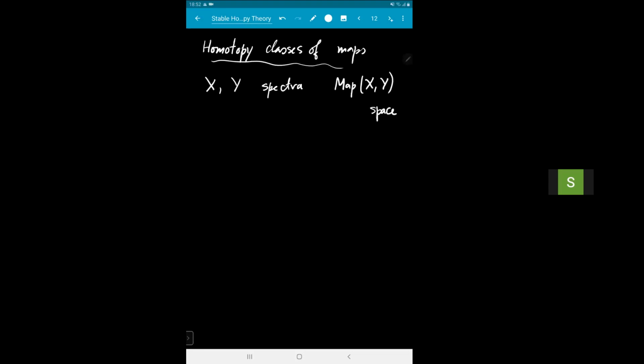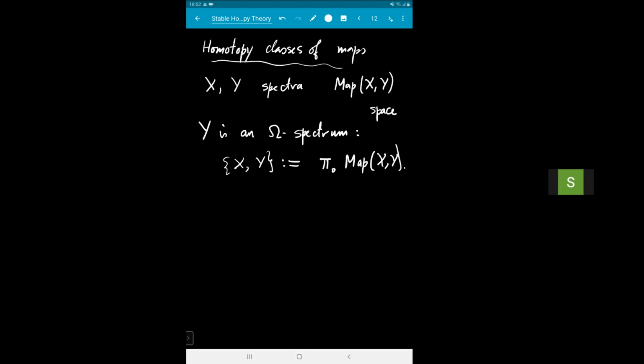Now, if Y is an omega spectrum, then we define the homotopy classes of maps between spectra as the π_0 of this mapping space.